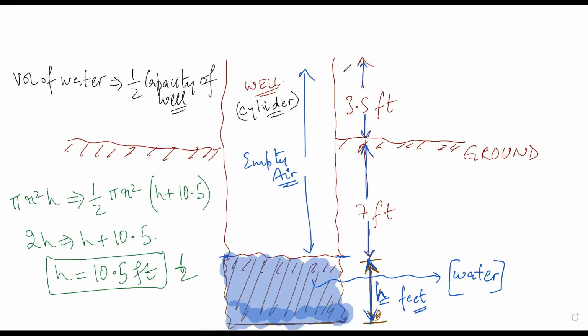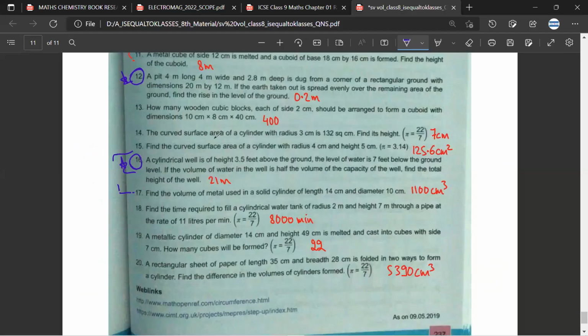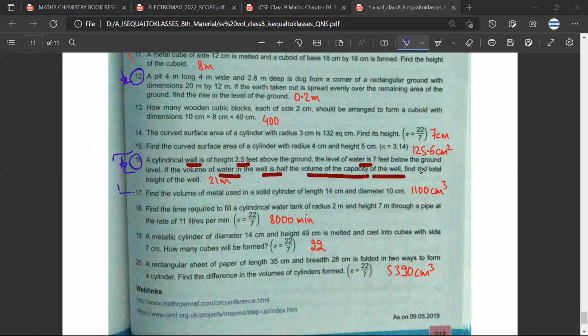Yes, sir. Now what he is saying is that the cylinder is of height 3.5 feet above the ground. Level of water is 7 feet below the ground. Volume of the water in the well is half the volume of capacity of the well. Find the total height of the well.